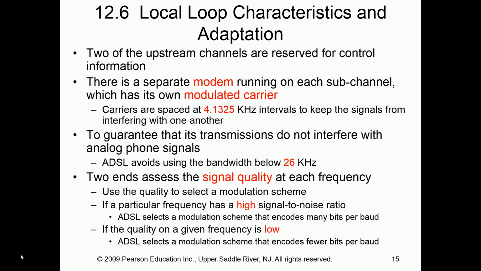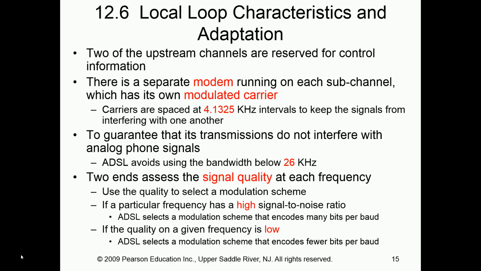Going back to our DSL, one of the important things to recognize is here they actually set or reserve two channels of upstream information for control data. So they break them up into subchannels for better control. Essentially what they allow you to do is get the best performance without using less than the 26 kilohertz, because that's when you get the slower connection speeds.